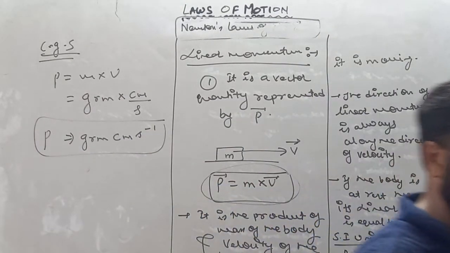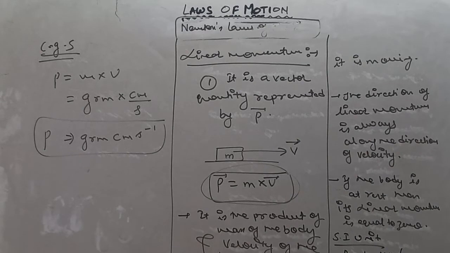So I hope you all understand about linear momentum. Remember, my dear student, if any body having mass m is moving with velocity v, then its linear momentum is P equals mass into velocity. Linear momentum is a vector quantity. Its direction is always along the direction of velocity. Very important, linear momentum depends on the velocity of the body.